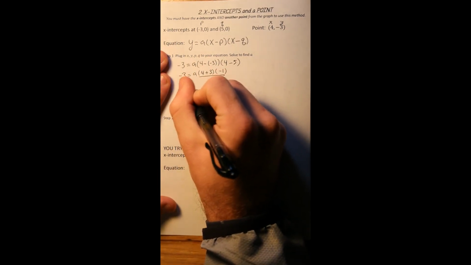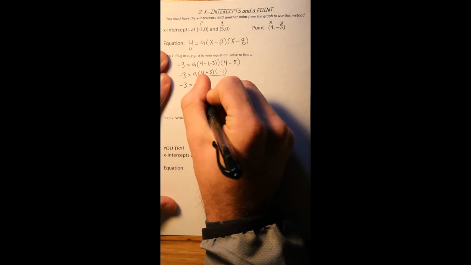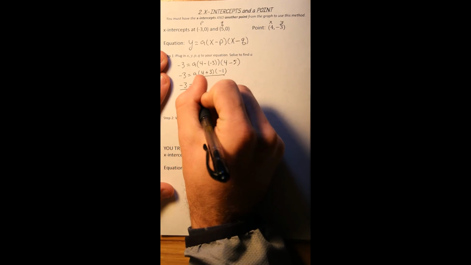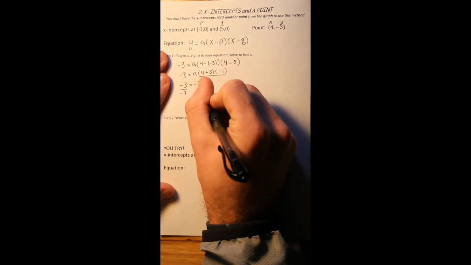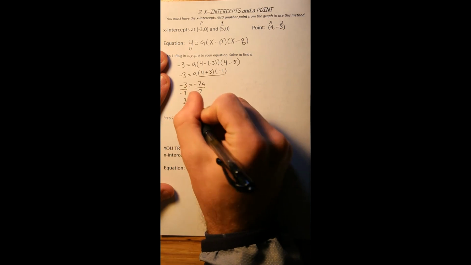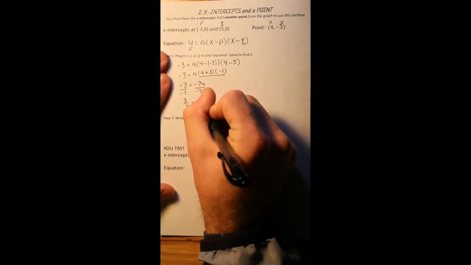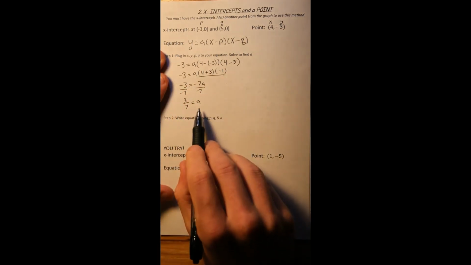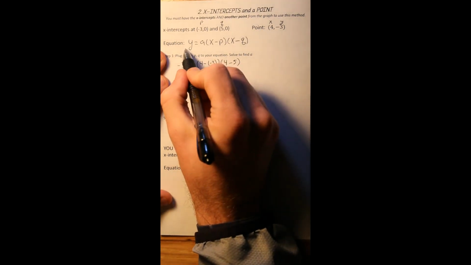And so negative 3 is equal to negative 7a. Now how do I get the a by itself? Divide both sides by negative 7. Negative over negative cancels, and so we're left with 3 over 7 is equal to a. Now, the last thing to do is just to once again rewrite this equation with my a, with my p, and with my q.